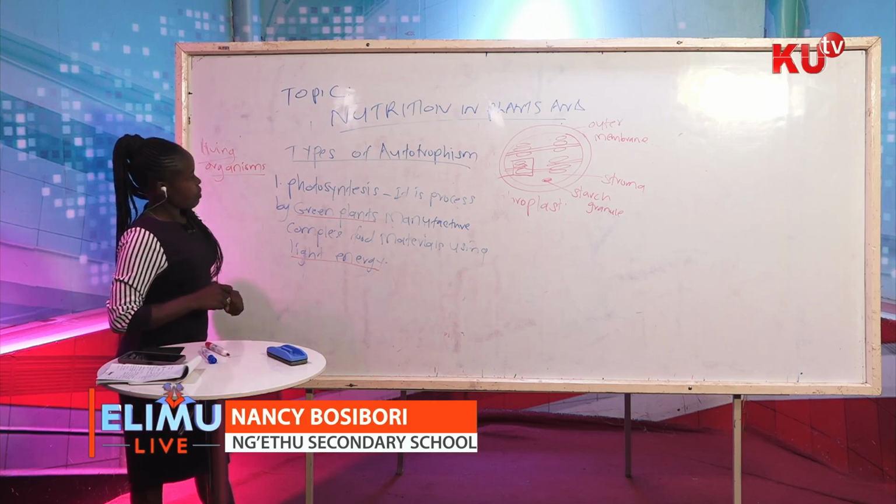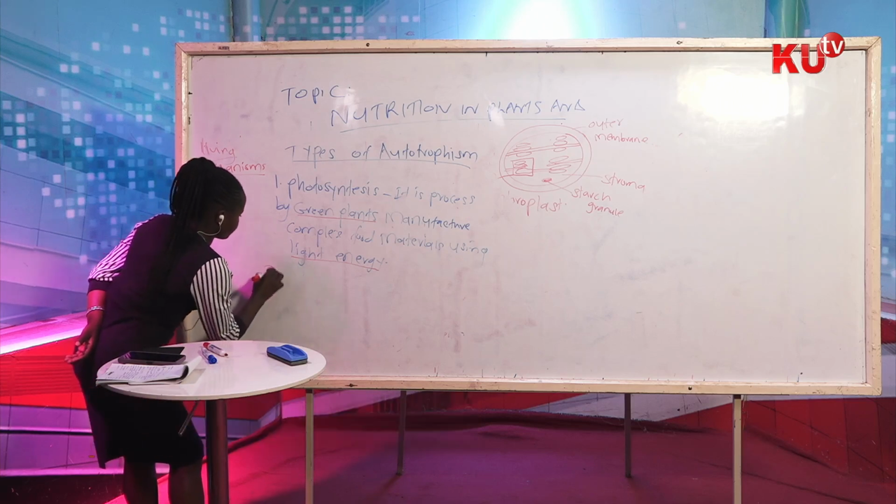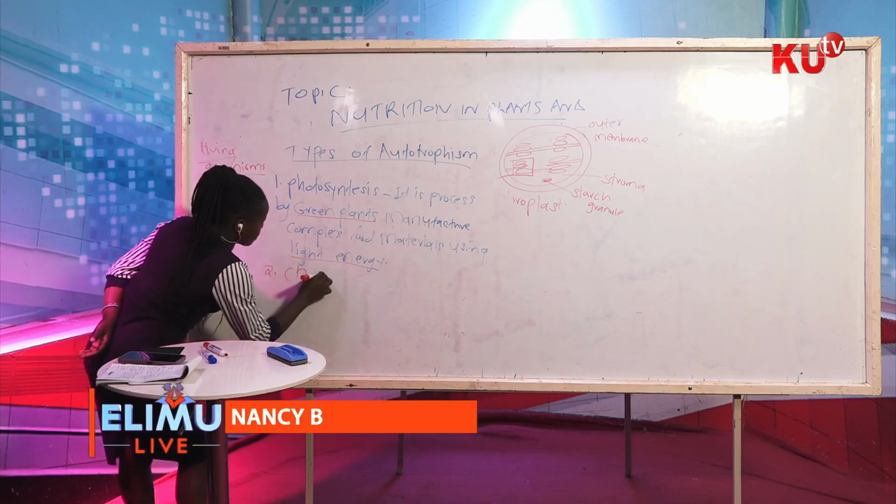The second type of autotrophism is called chemosynthesis.